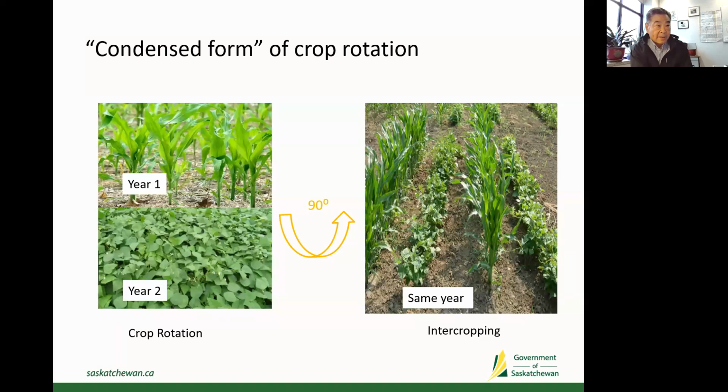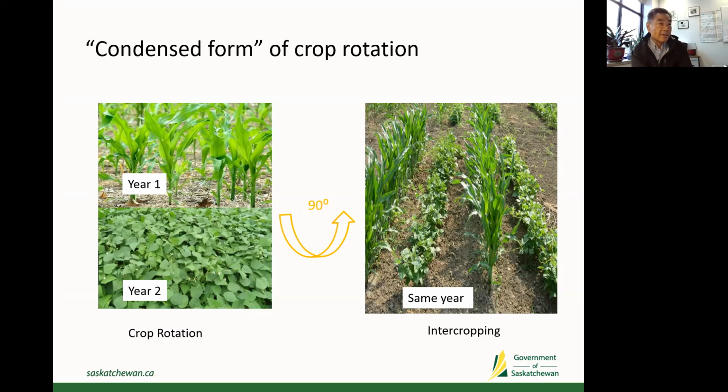If I try to give an analogy, take this crop rotation on the left side and shake it so all the crops drop onto the ground, then turn it 90 degrees, and it turns into intercropping in the same season, if we compress the years into one.